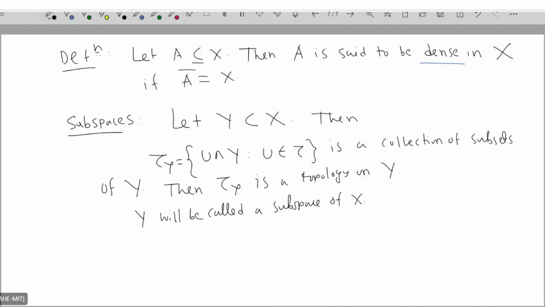That's the way you can discuss the topology on Y using the topology on X. Let me put that remark.